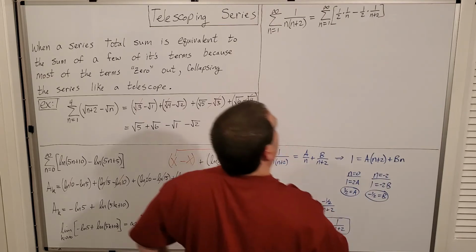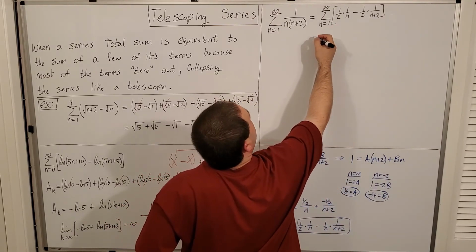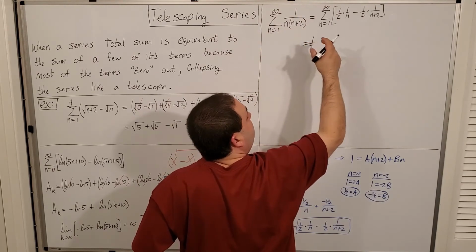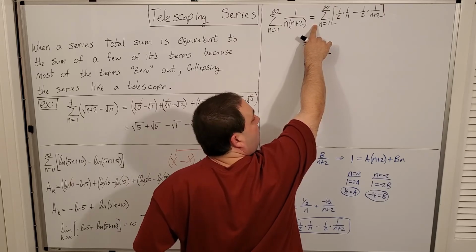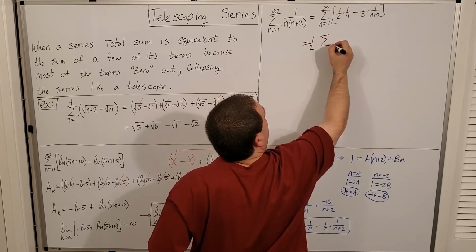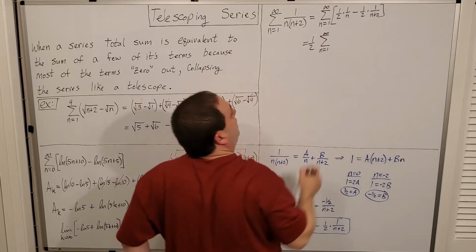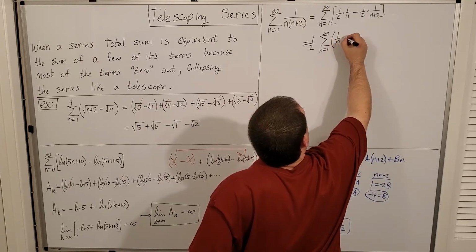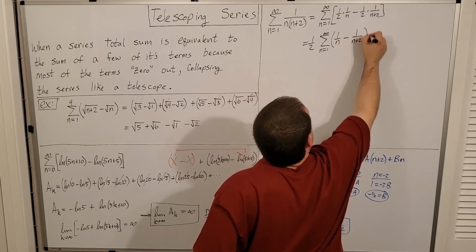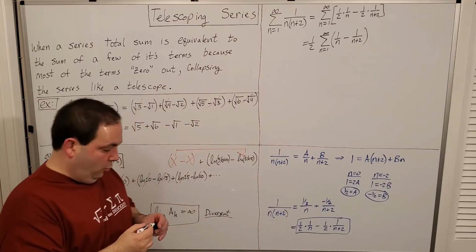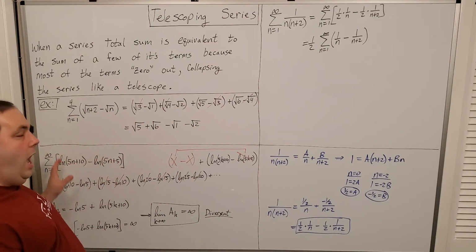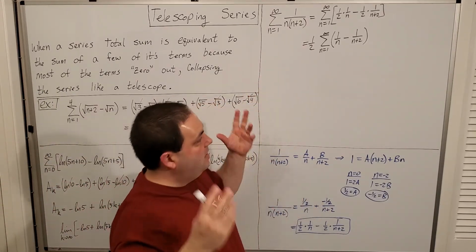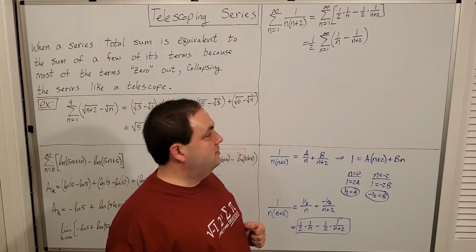And this is going to allow me to rewrite the series like this. 1/2 is something I can factor out, and it's a multiplied constant, so I can even pull it out front of the series sigma itself. It's multiplied by the whole thing. And then I've got 1 over n minus 1 over n plus 2. And that's exactly the structure that we were desiring. Two very similar objects that are being subtracted. So that right there is a big red flag for, hey, this might be a telescoping series.